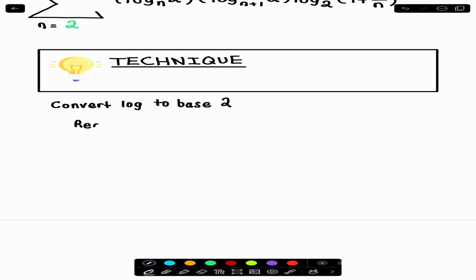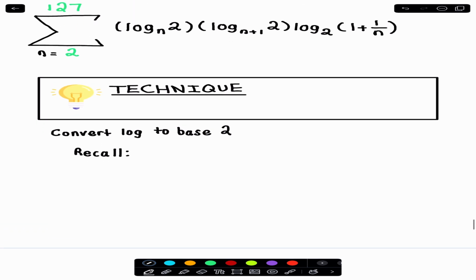You may recall a little something from logarithms, this very useful identity that we're going to have to use.